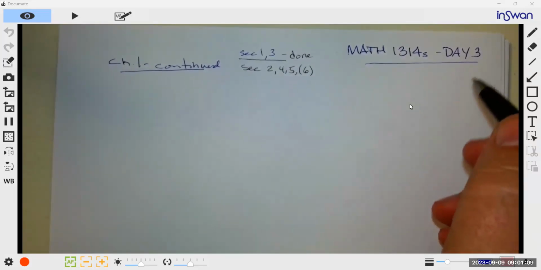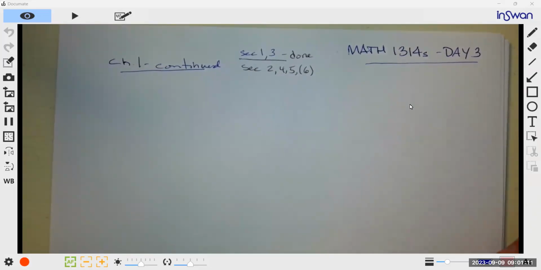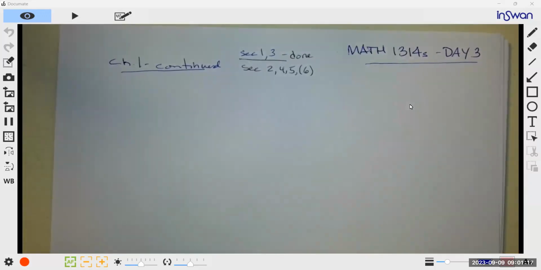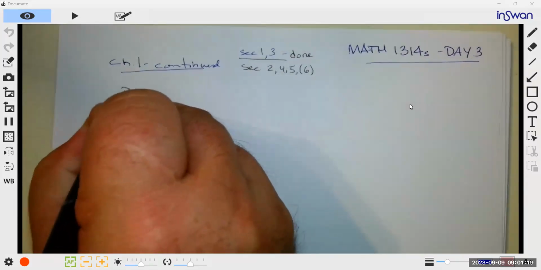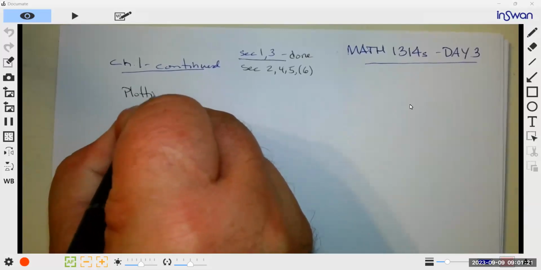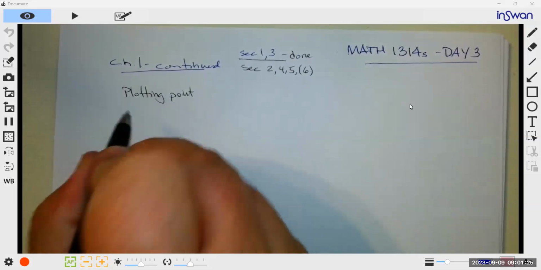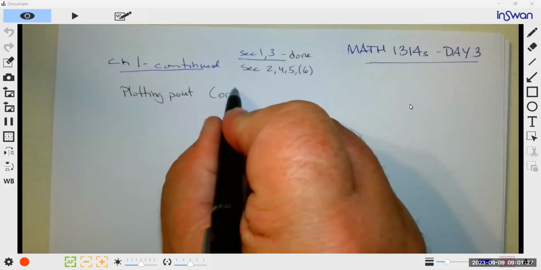This is day 3. This is the third Saturday of our class. And we've already done sections 1 and 3. In other words, we talked about plotting points, or ordered pairs.